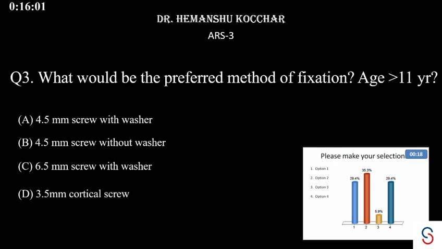It is advised in the literature also: if the kid is less than 11 years of age, then you can use smooth K-wires. But the problem with K-wires is that if you leave them out percutaneously, there are chances of infection. And it is better to use screws. If the kid is more than 11 years of age, then you should use screws, preferably 4.5 mm screws.